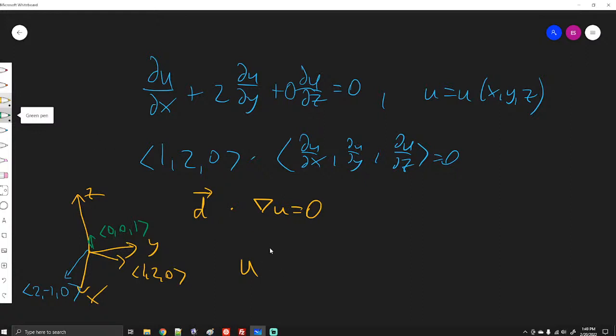So the general solution for u(x, y, z) equals an arbitrary function of, the first one is 2, -1, 0, dotted into x, y, z.